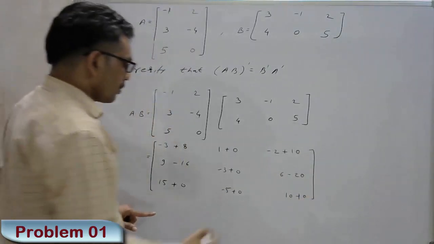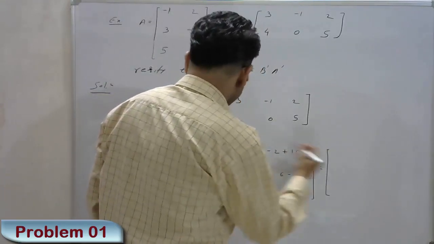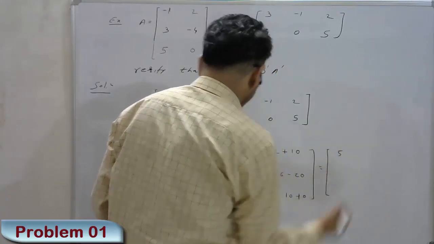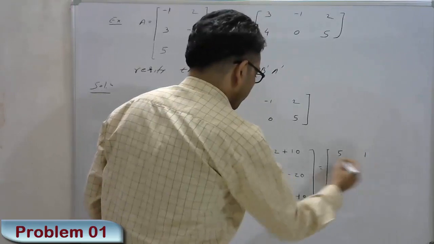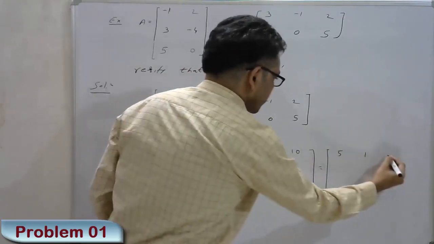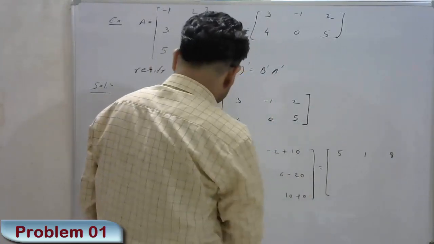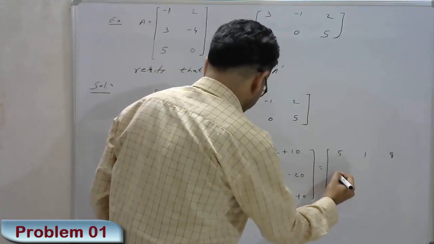Therefore, the product of matrices is: minus 3 plus 8, this one is equal to 5. 1 plus 0, this one is 1. Minus 2 plus 10, this one is equal to 8. Here 9 minus 16 is equal to minus 7.